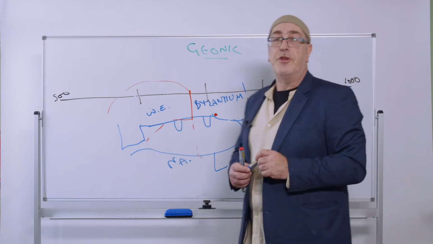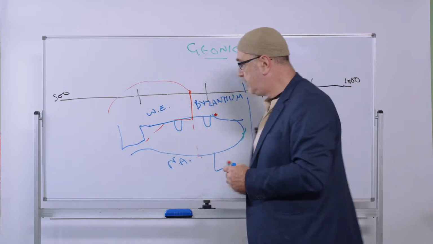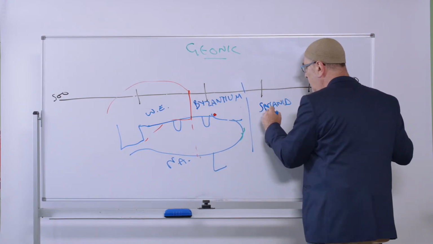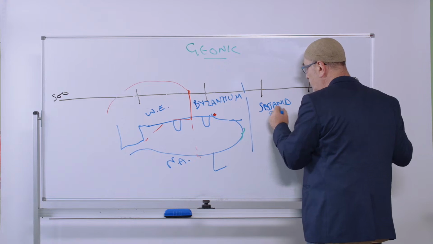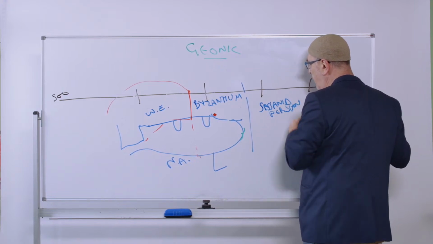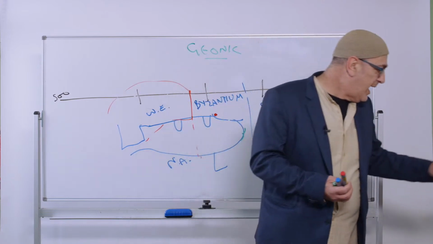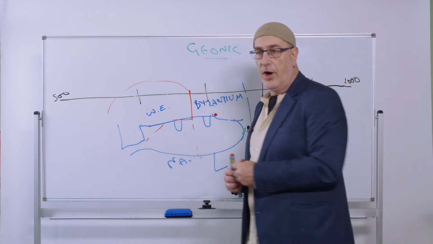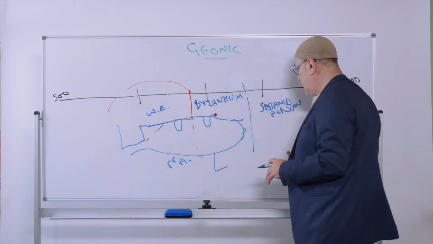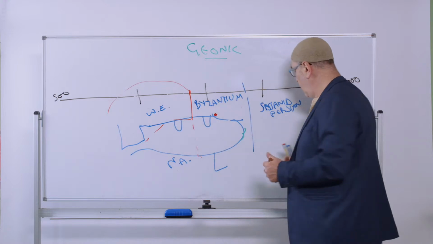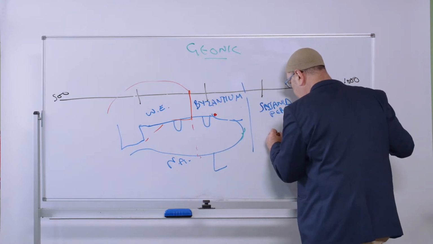And then we have a third domain, and that third domain is here, and it is the Sassanid Persian or Sasanian Persian Empire. And that empire has control over an area that we now call, and was called then, Babylonia.